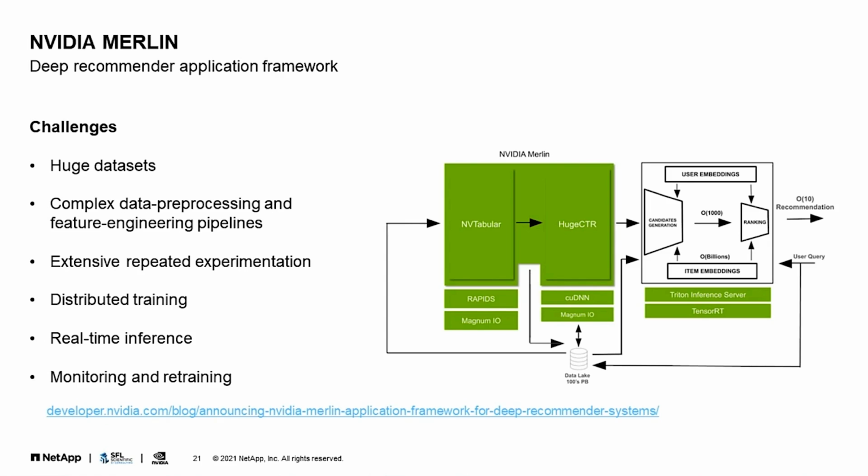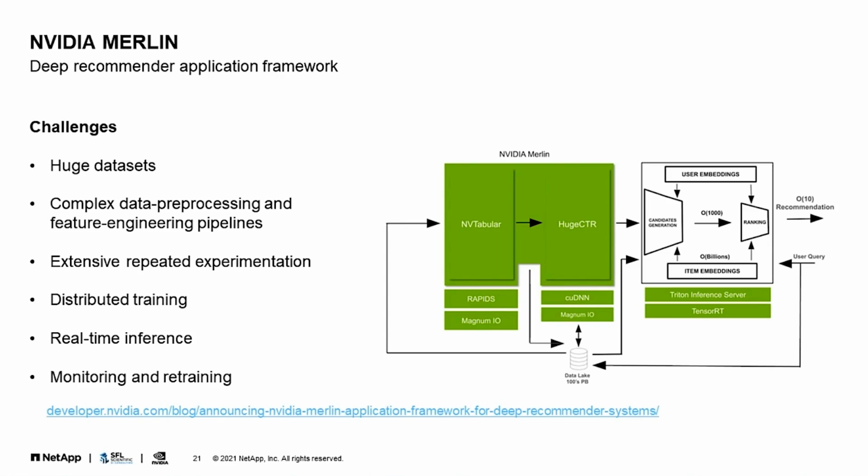Merlin was implemented to streamline this process. It's an end-to-end recommender on GPU framework. It includes tools for building a deep learning-based recommendation system. Here on the right side, you can see a diagram of a recommender system built using Merlin.